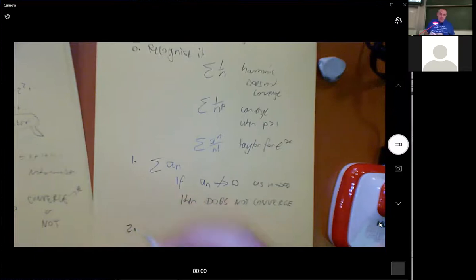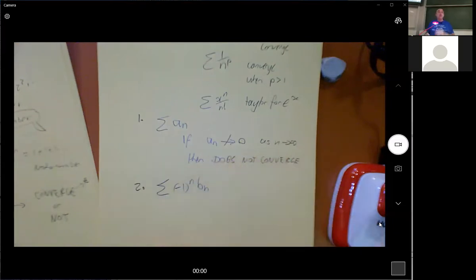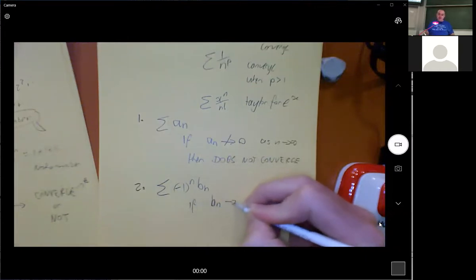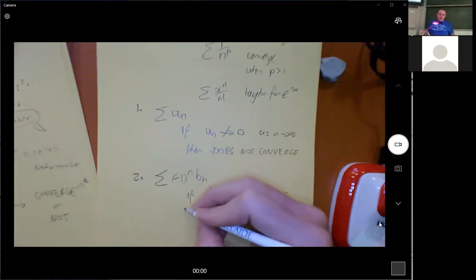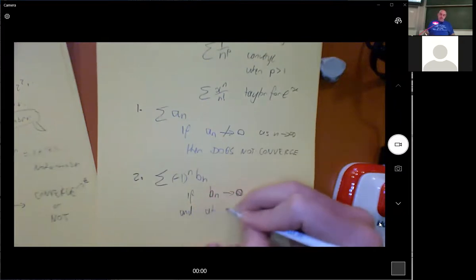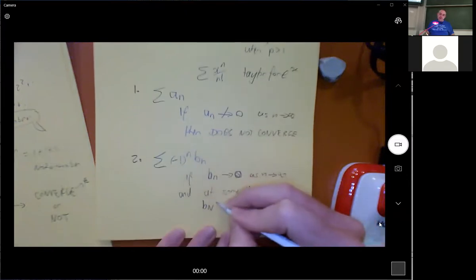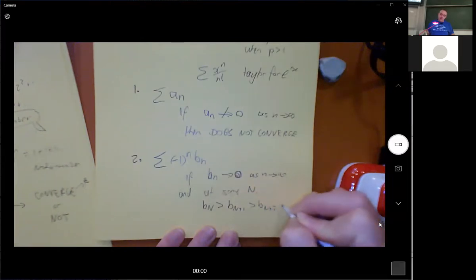And then the second thing is specifically for alternating series. If you've got -1 to the n times something, if you can rewrite it in that format. So first you need the terms to go to 0 as n goes to infinity. And you also need bn to be more than bn plus 1, and that's more than bn plus 2 forever.